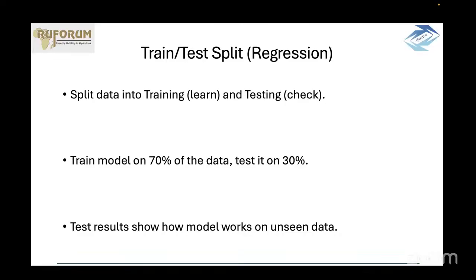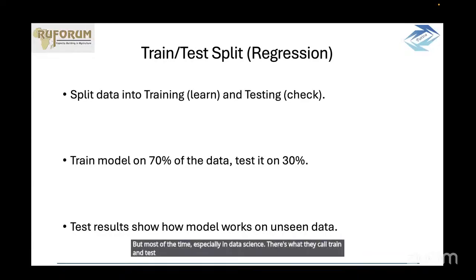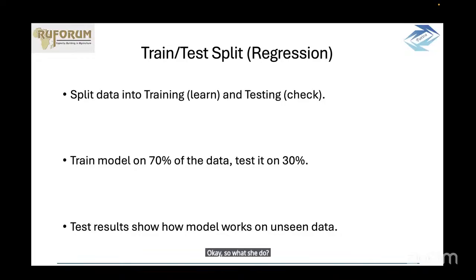But most of the time, especially in data science, there's what they call train and test split. So what you do, if you have enough data in your sample, you split your data into 2: training and testing. The model will learn from the training data, and testing will check.